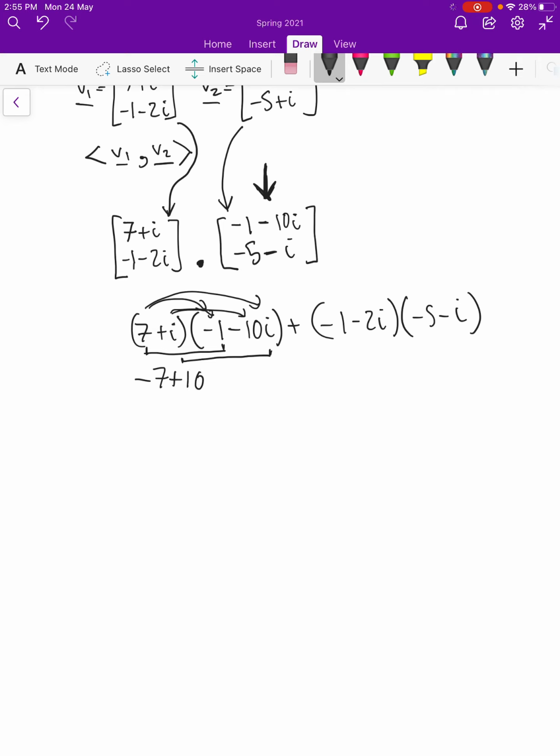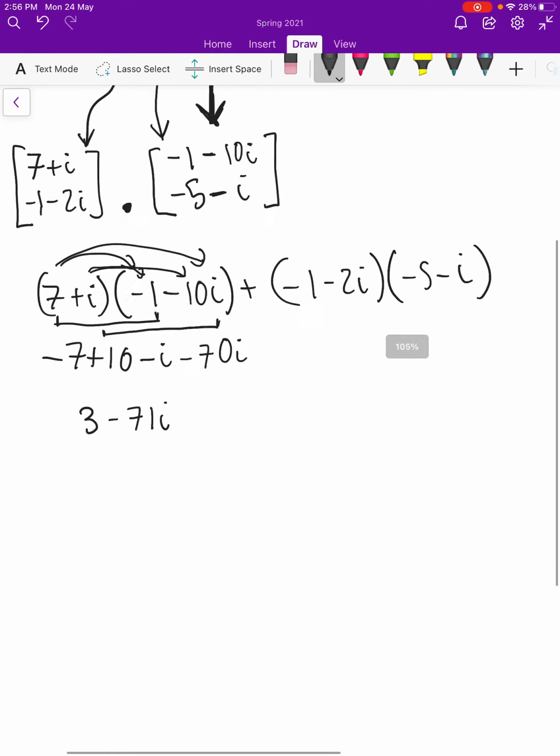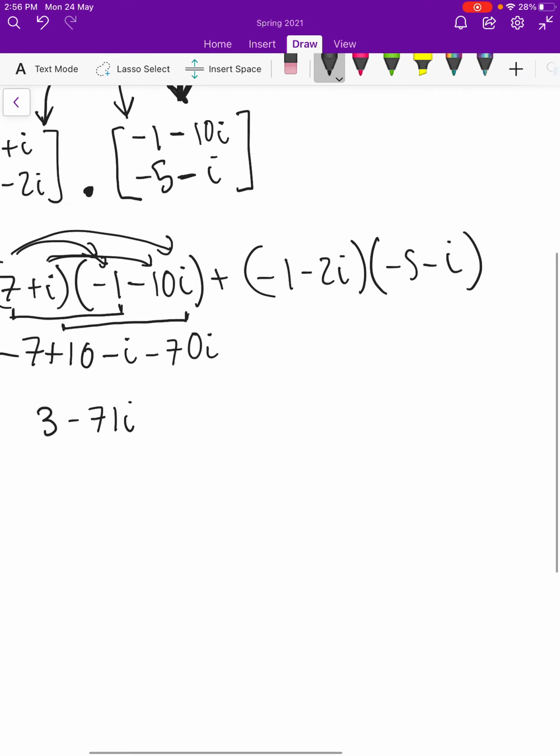And then for the complex part, we're going to have minus i, and then minus 70i. And this will essentially just be 3 minus 71i. Minus i, minus 70i. Perfect.